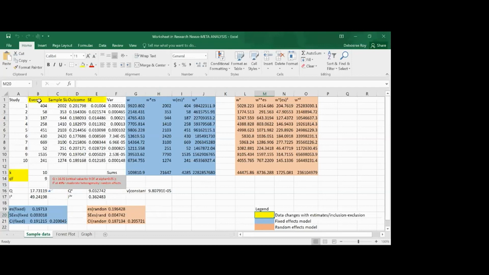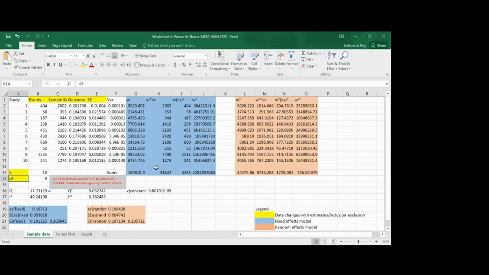These could be different. If you don't have events and sample size, you can use an OR. If you have odds ratios, for example, that will be your outcome, and you don't need these two. Then your K is the number of studies, and the degrees of freedom is K-1, and this needs to be changed as well.